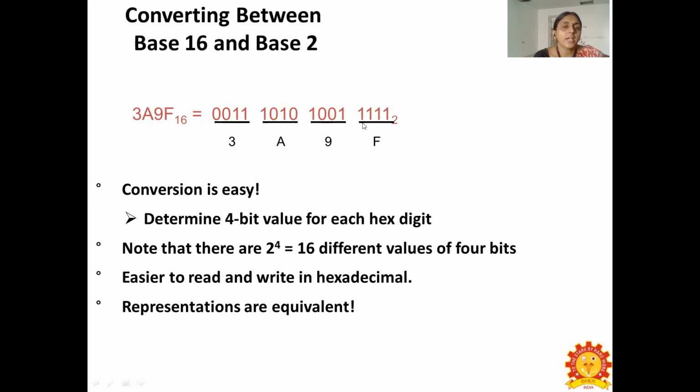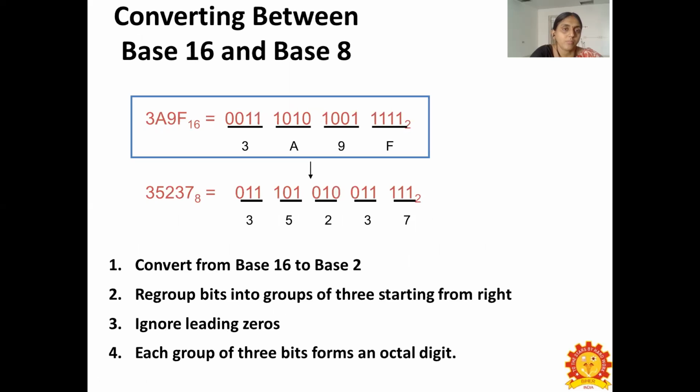So the whole binary value for the given hexadecimal is 0011, 1010, 1001 and 1111. So this will be the corresponding binary value for the given hexadecimal number 3A9F.